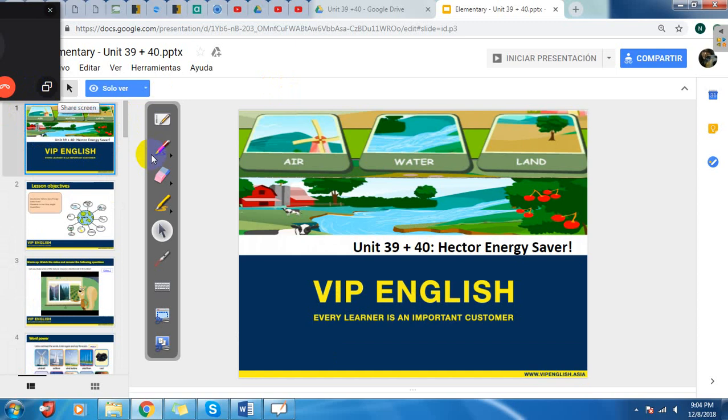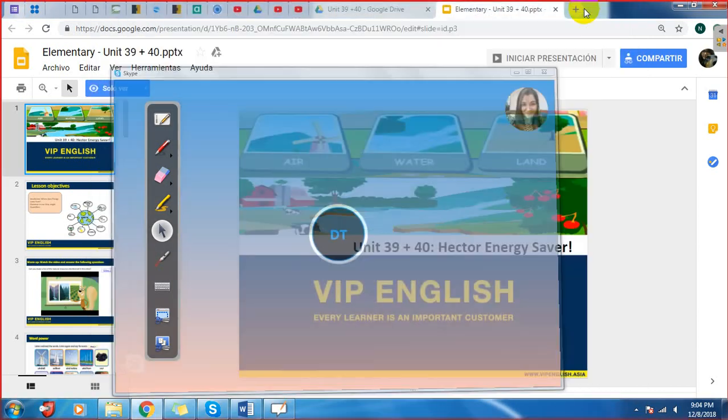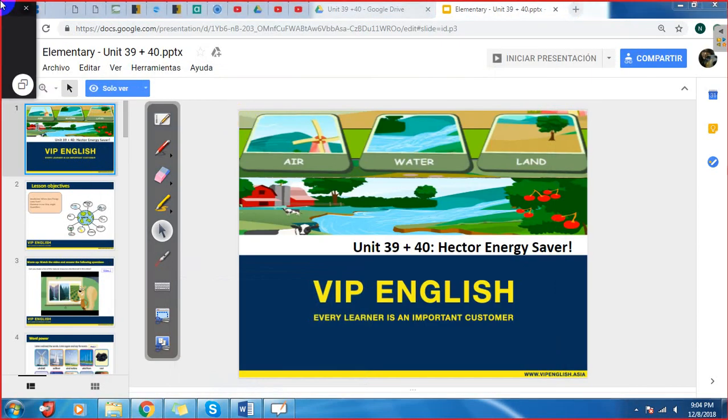How to preserve the environment. Water, land, and air are natural resources. Okay, here. Can you see my screen? Yeah. Okay, perfect, very good.